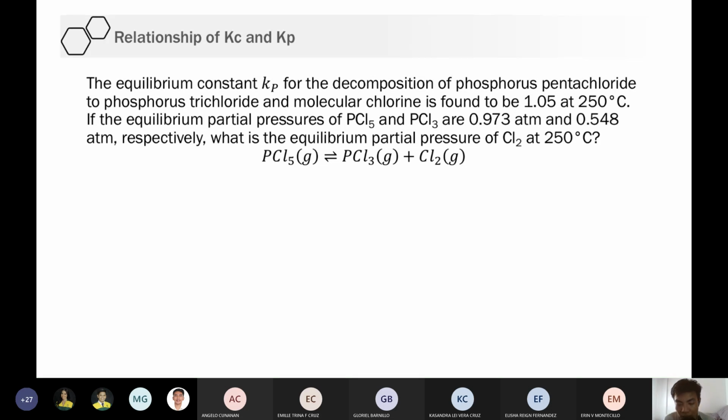If the equilibrium partial pressure of PCl5 and PCl3 are 0.973 and 0.548 atm respectively, what is the equilibrium partial pressure of Cl2? Okay. So, every time na nasa equilibrium topic tayo, ang una nyong gagawin is to write the equilibrium constant. Okay?